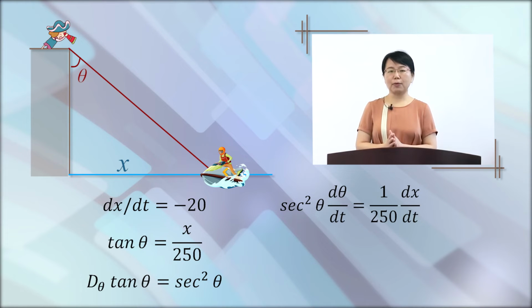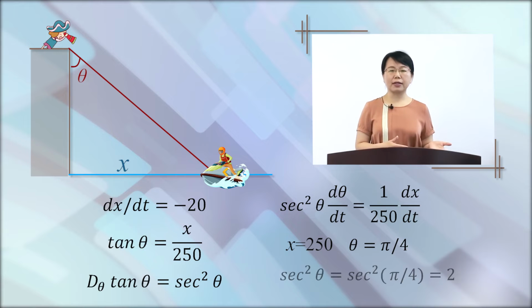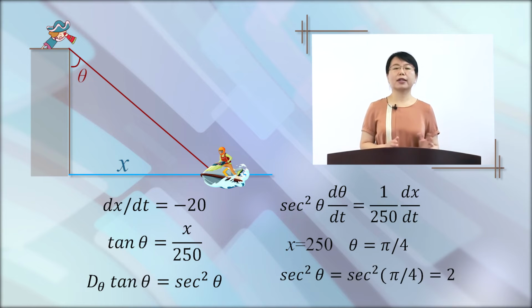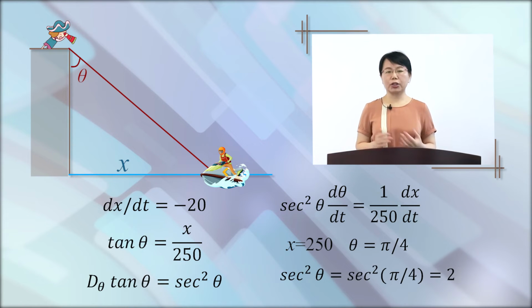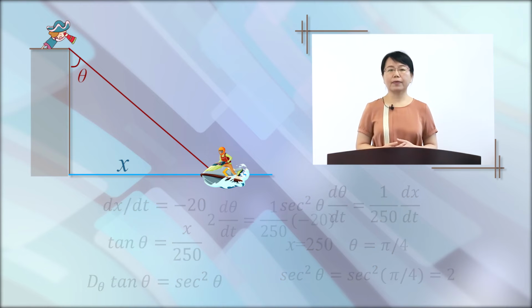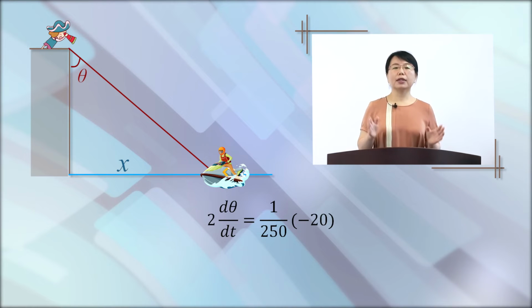All right, we are almost done. Step 5. At the instant when x is 250, theta is pi over 4, and secant squared theta is equal to secant squared pi over 4, which is 2. Thus, we have 2 d theta/dt equals 1 over 250 times minus 20.